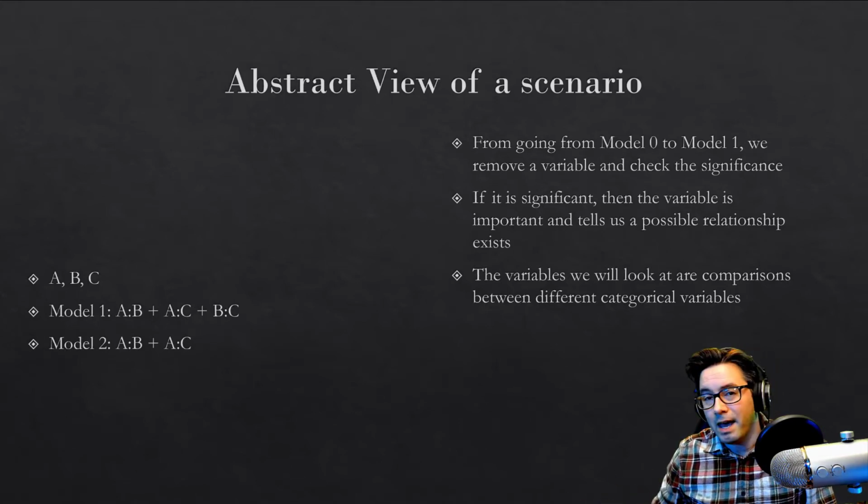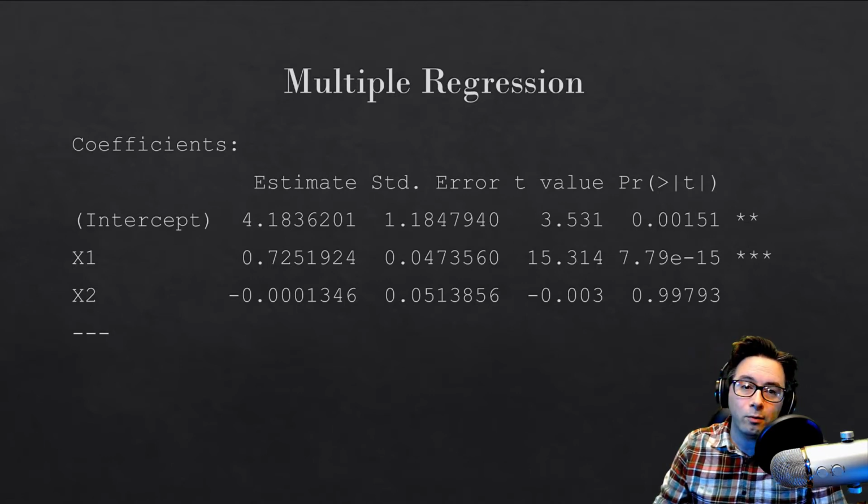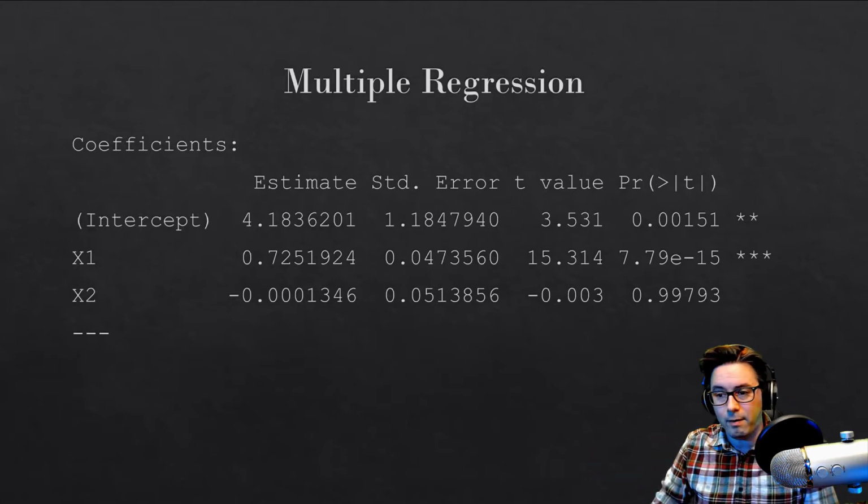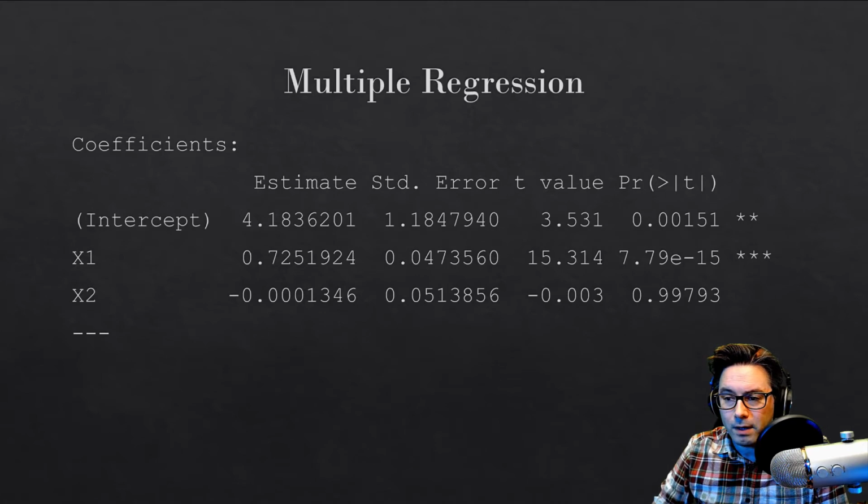Okay, now removing the variables might seem like it's a brand new thing, but it's kind of not. The reason why it's new is because we're doing it by hand. So when we've done our multiple regression before, we had the p-values, and you notice that right up above me even, we would look at the p-values of the different variables, right?